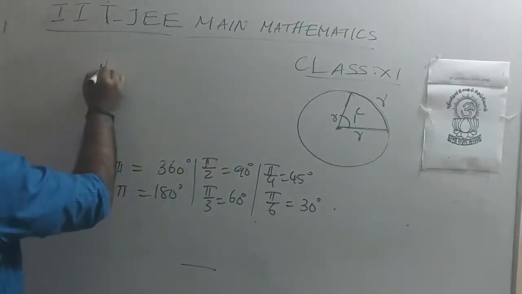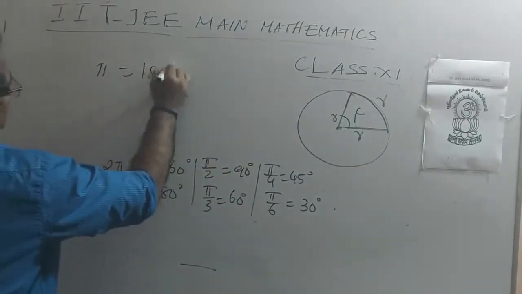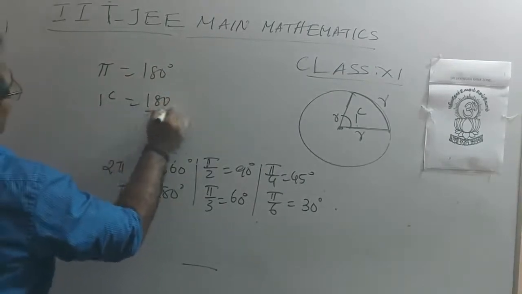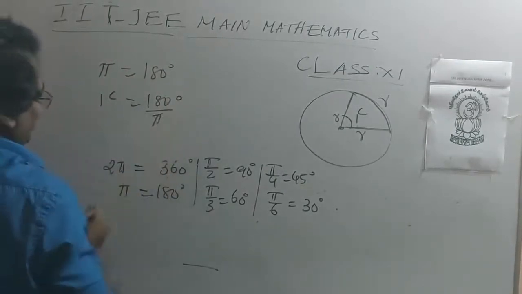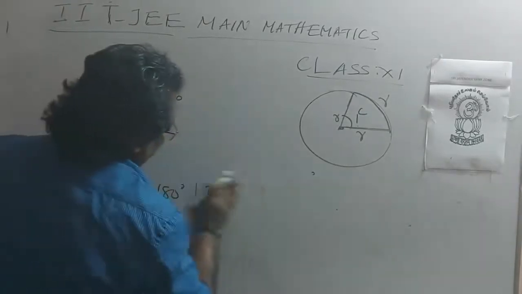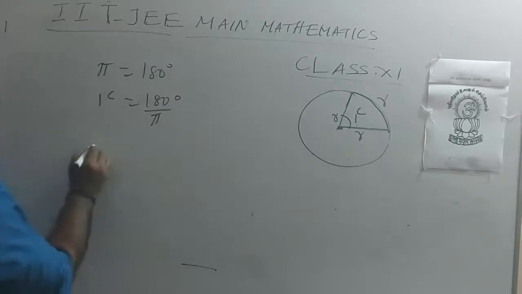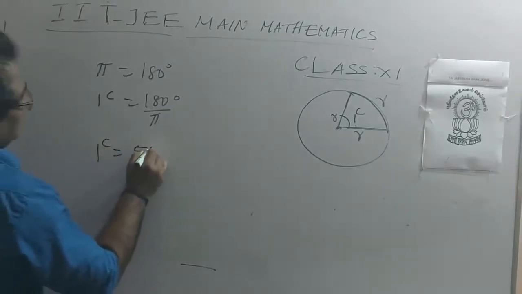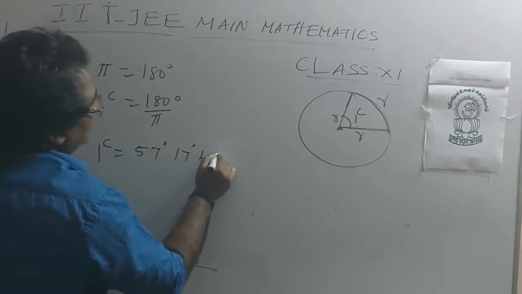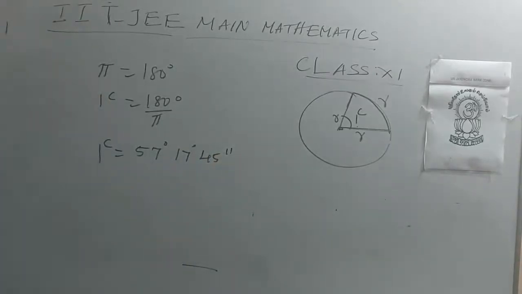So pi radian equals 180 degree, and 1 radian equals 180 by pi degree. One radian is equal to approximately 57 degree, 17 minutes, 45 seconds.